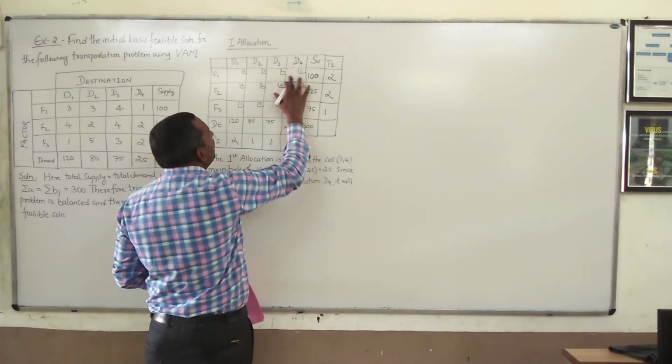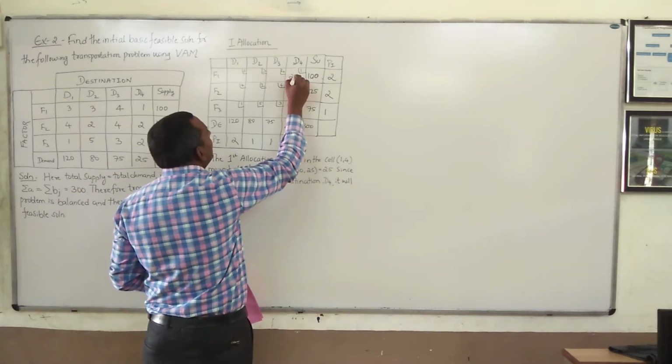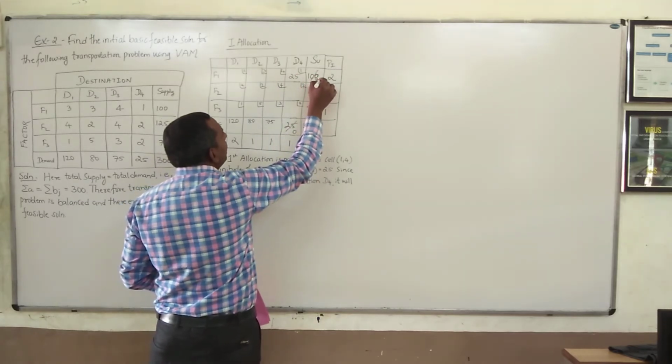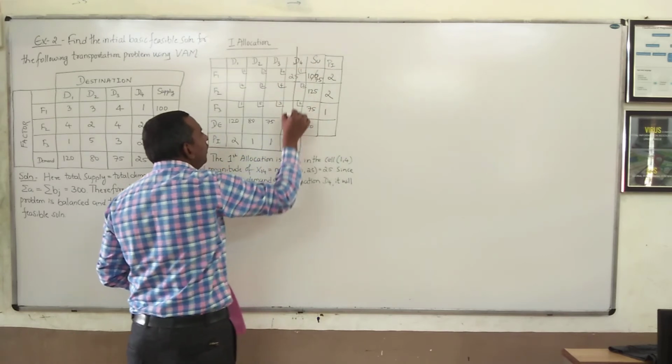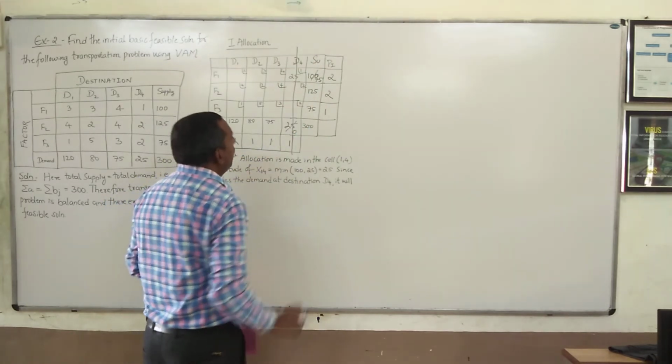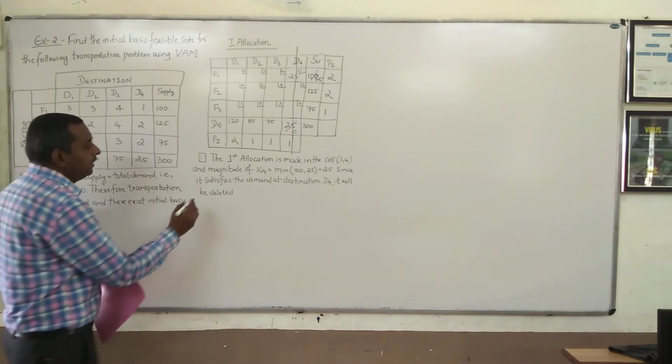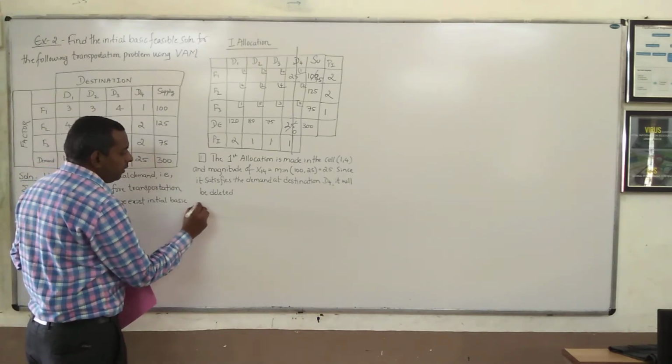So let me write 25 here. 25 minus 25 is 0. It becomes 75 here. So this column is deleted. The D4 column is deleted.